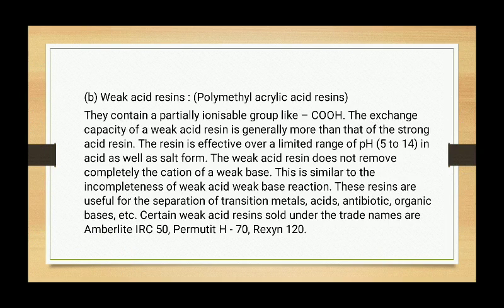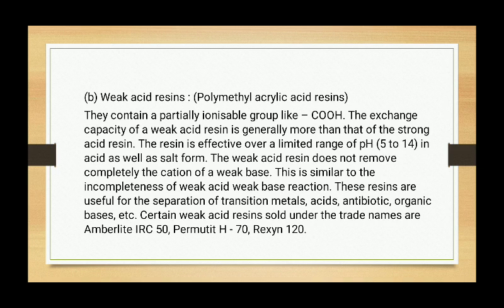The second exchange resin is the weak acid resin. Polymethacrylic acid resin is an example of weak acid resin. They contain a partially ionizable group like the carboxylic group. The exchange capacity of weak acid resin is generally more than that of strong acid resin. The resin is effective over a limited range of pH 5 to 14 in acid as well as salt form.